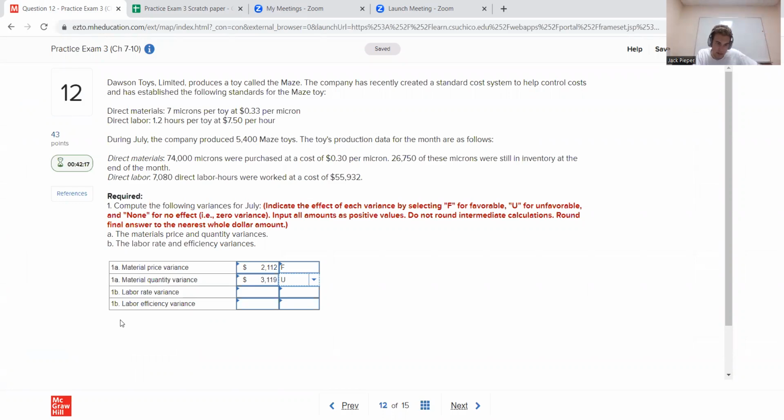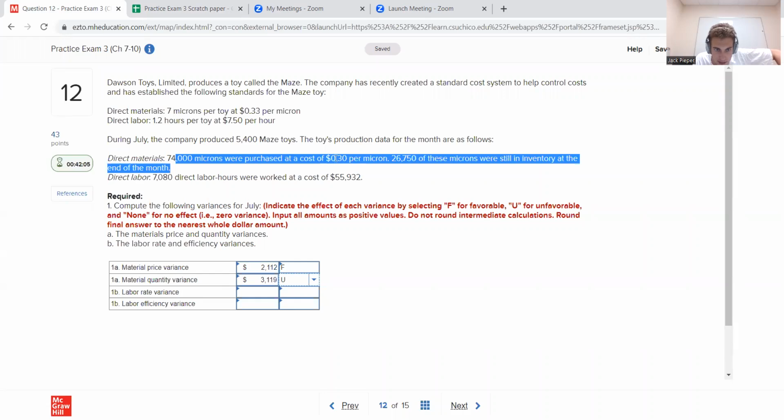The labor rate variance and the labor efficiency variance are very, very similar. For the efficiency, you'll do the difference in hours that you were supposed to work versus actually worked, and then multiply by the standard labor rate.